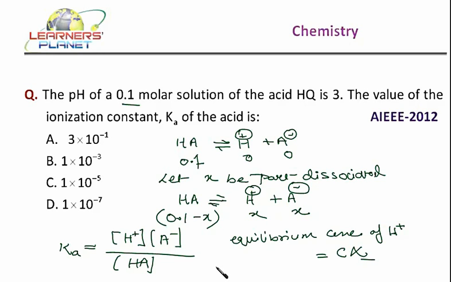For that, the concentration of H plus ion is equal to C alpha. Now what is written here? The pH of the 0.1 molar solution of acid is 3. It means pH is 3. What is pH? pH is minus log of H ion concentration.